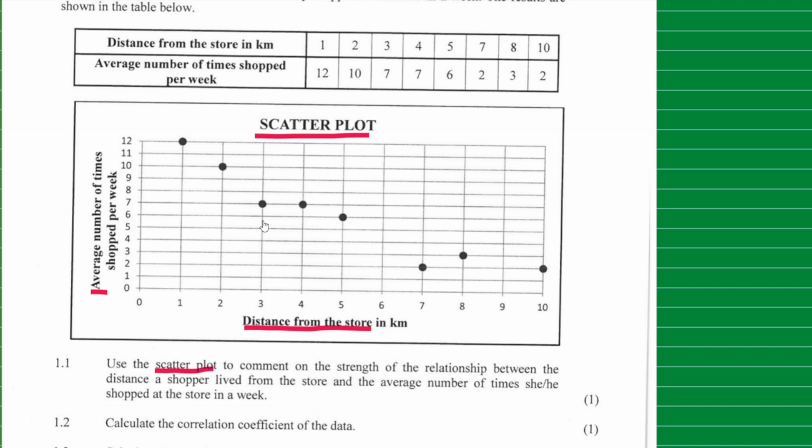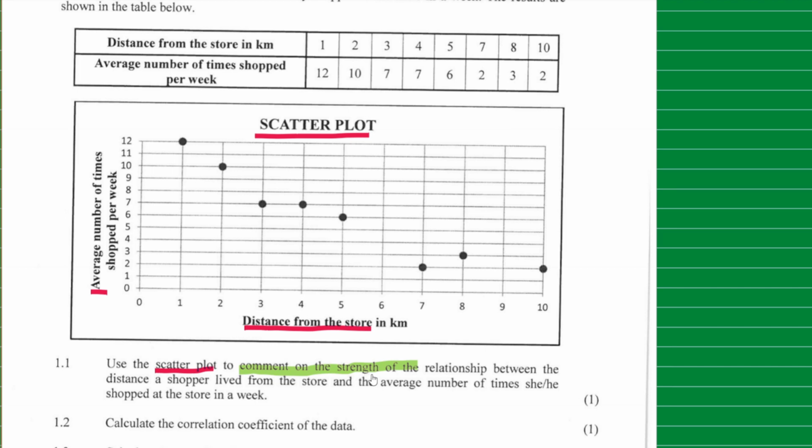Now, coming to the question, which is asking us to comment on the strength of the relationship between the distance. Now, regarding the strength, we can see that there is a strong relationship here between the distance from the store and the average number of times shopped per week.